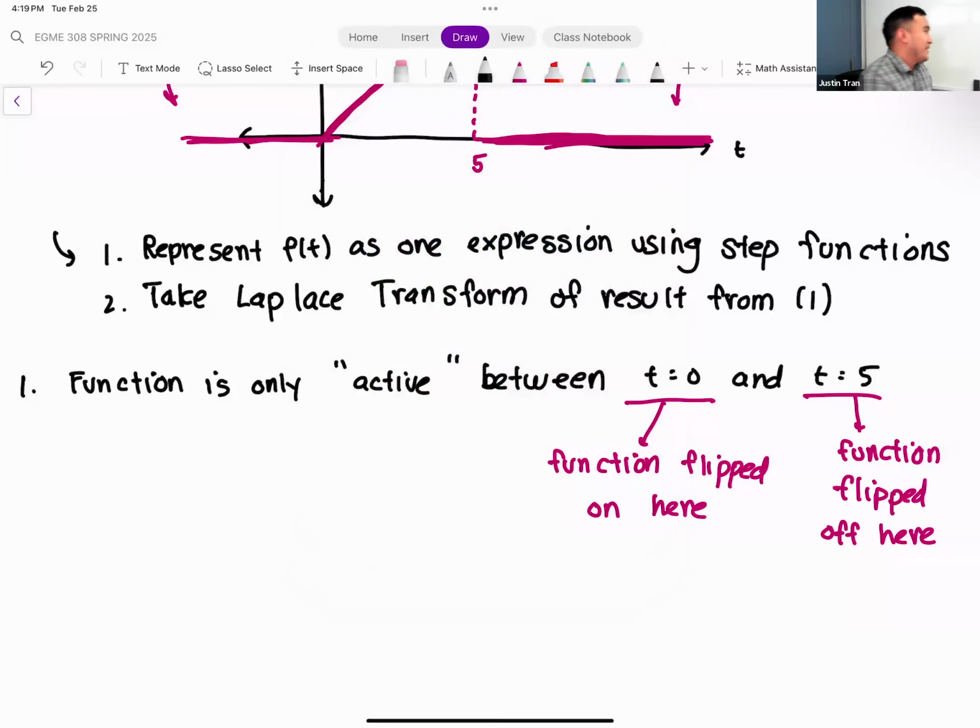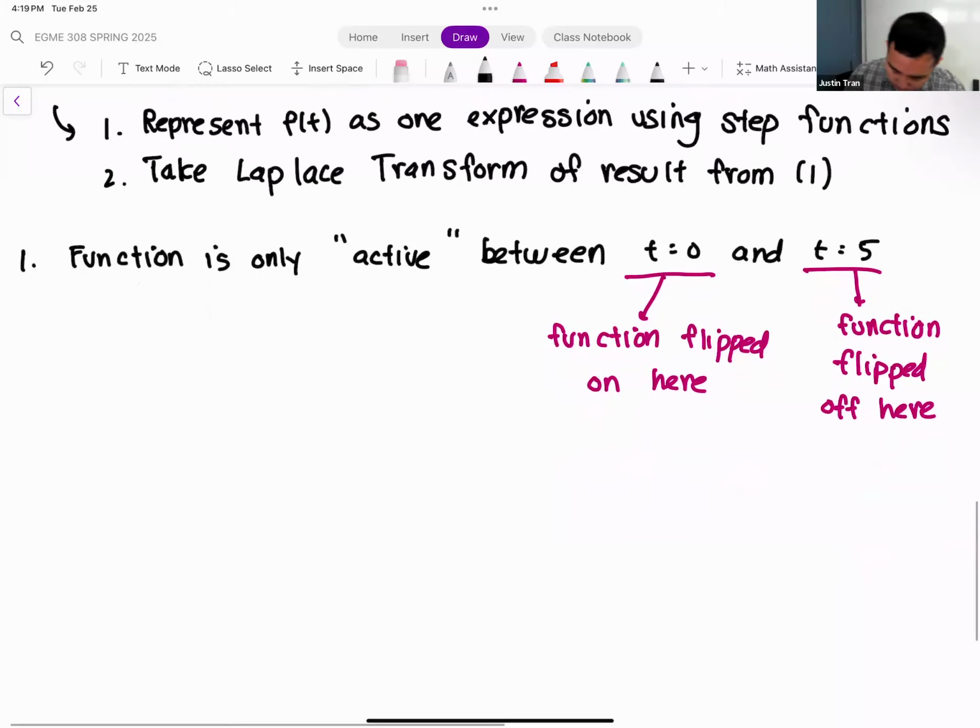Anyway, the first thing we're going to do is represent this using a square wave. Remember, square waves were a concept we went over last time. Basically, if you have a function that is turned on and turned off at a certain point, we can represent that with 2 step functions.